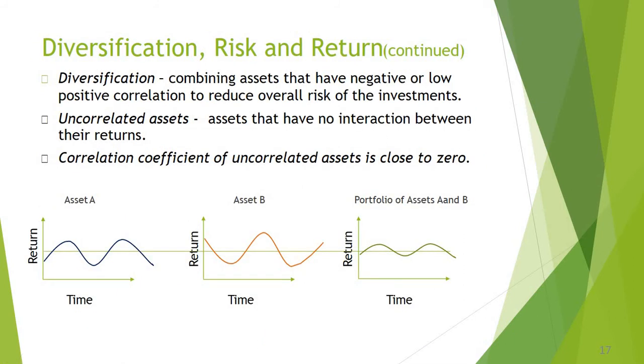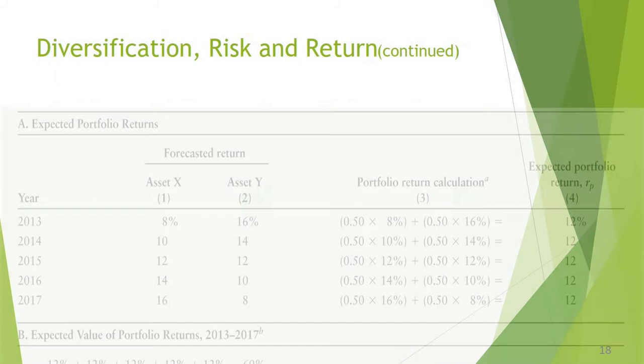There might also be some situations when you will find assets are uncorrelated. In this case, the assets will have no interaction between their returns, and the correlation coefficient of uncorrelated assets is 0.